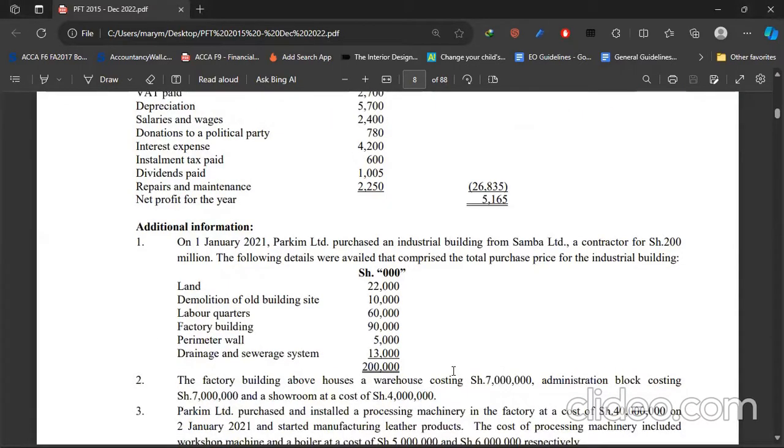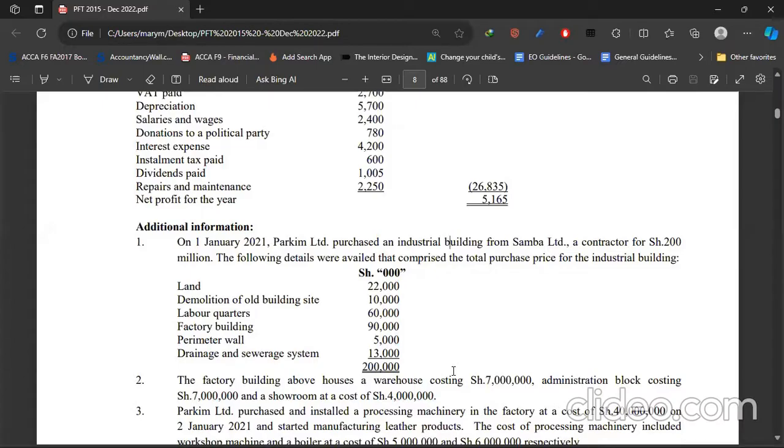Repairs and maintenance 2,250. On the additional information, on 1st January 2021, Parking Limited purchased an industrial building from Samba Limited, a contractor, for 200 million shillings.